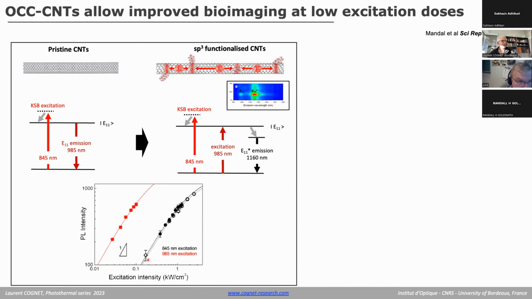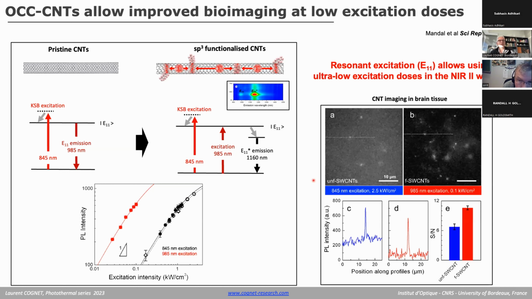Here we record it by excitation at the phonon side band, these lines here, with or without color centers. Everything is the same. And of course, you can obtain the exact same photoluminescence properties, but reducing the excitation intensity by a factor of 20.